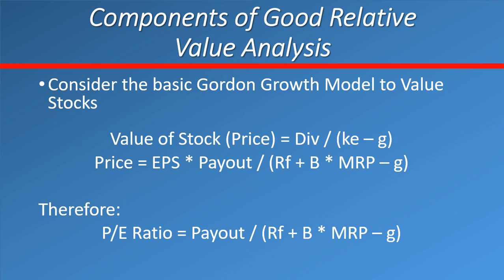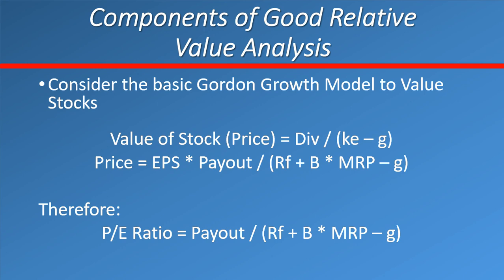And when growth is higher, since we're subtracting growth, when growth is higher, PE ratios should be higher. So essentially, PE ratios are a reflection of general interest rates, general market risk, your company that you're looking at, its specific risk as measured by beta, and your company's growth specific to that company. And so that's what a PE ratio is, and that's absolutely true.